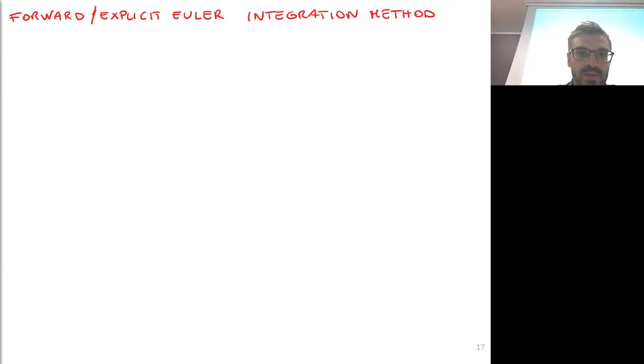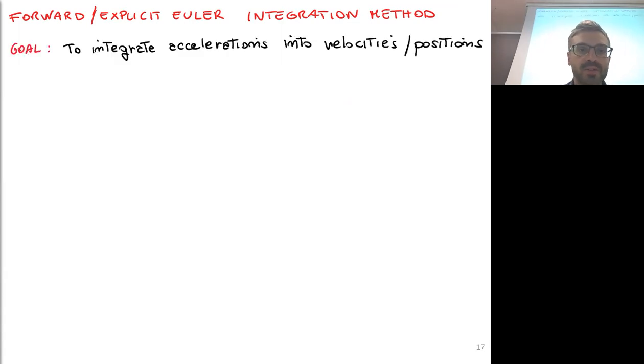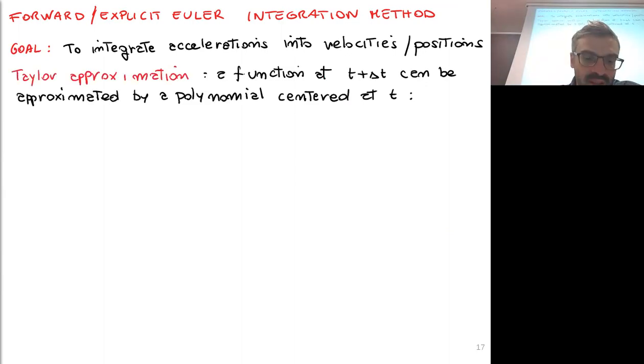First, let's describe what is the forward or explicit Euler integration method. We want to integrate acceleration into position and velocities. The assumption of this explicit Euler method is that we do a Taylor expansion of the function we want to integrate, and we stop the Taylor expansion at the first order.